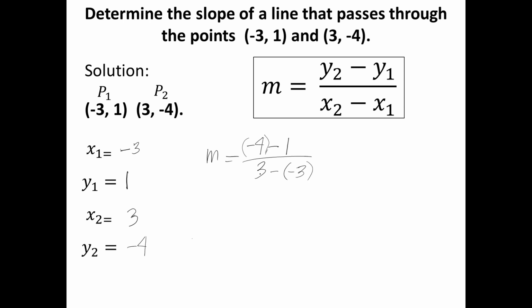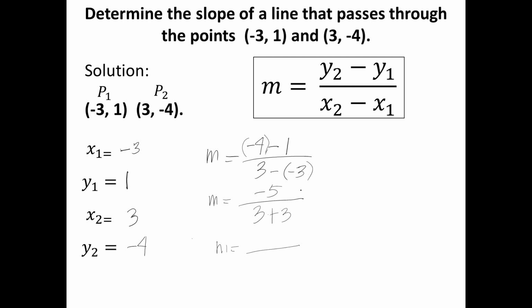Then after that, you are going to perform the operation or simplify. You have to copy m. Then -4 minus 1 is -5. And for the denominator, 3. Let's do it one at a time: 3, and negative times -3 is +3.